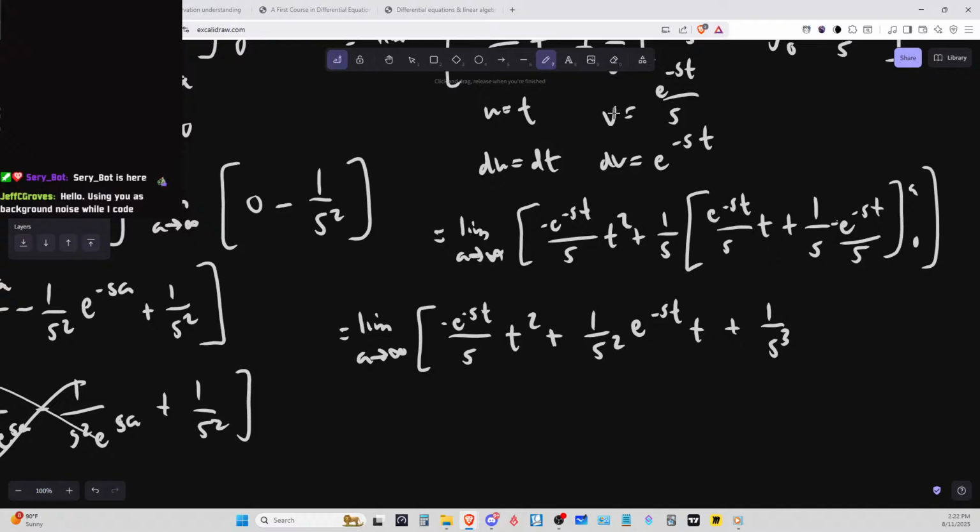Well, actually, let me just erase this. Yeah, because when we do the integration, it's going to be like that. So s^4, and then e^(-st), and then a.